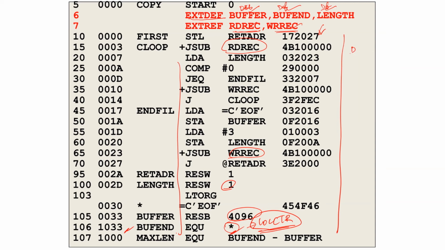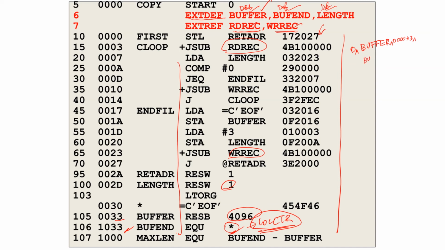First I will put the value D. Next will be the name of the defined symbol. The name of the first one is buffer, so I'll write buffer. Clear? Next, the address of buffer. The address of buffer is 0033, that is 6 digits, 000033.